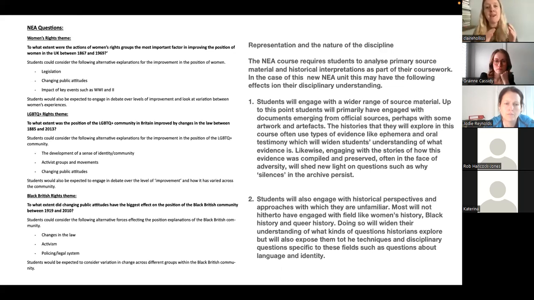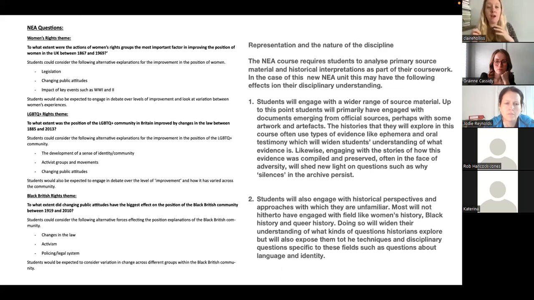So we thought, here's an opportunity to get students to look at sources like items of clothing, posters, flyers, badges, ephemera, the sorts of sources that historians working in women's history or queer history might look at routinely as sources of evidence.